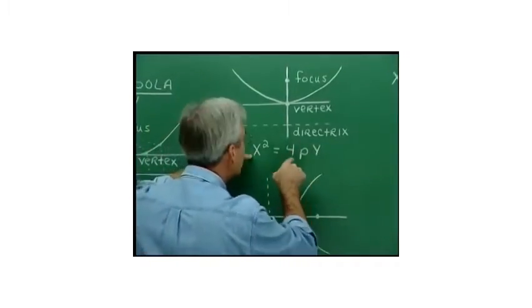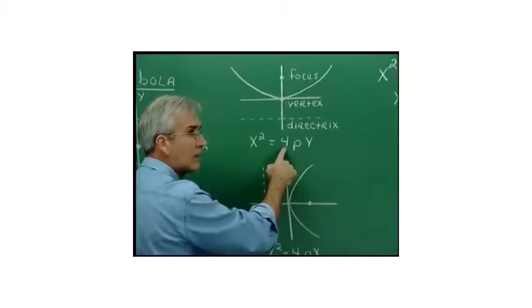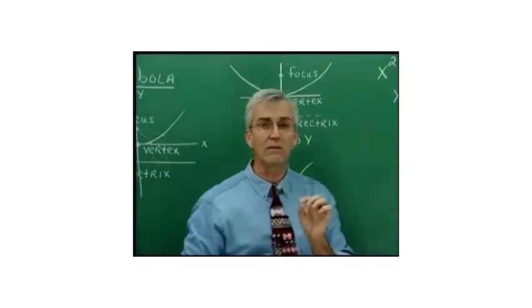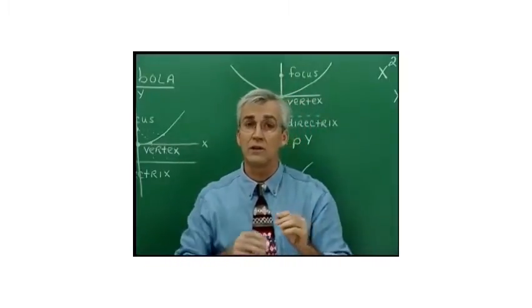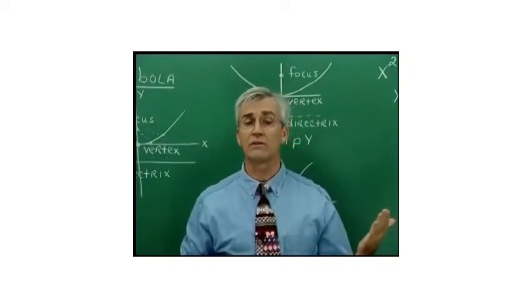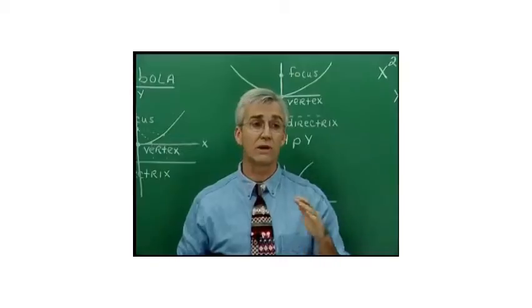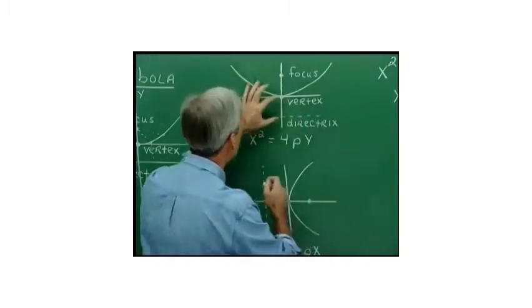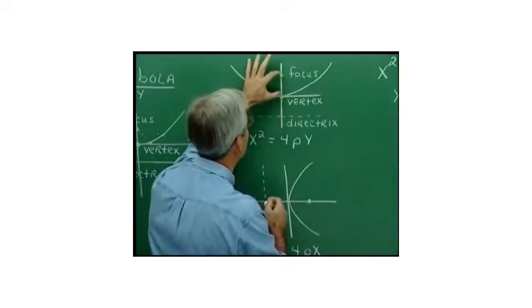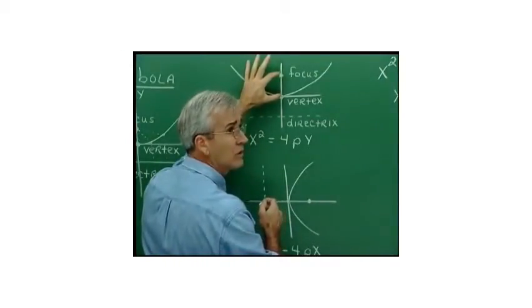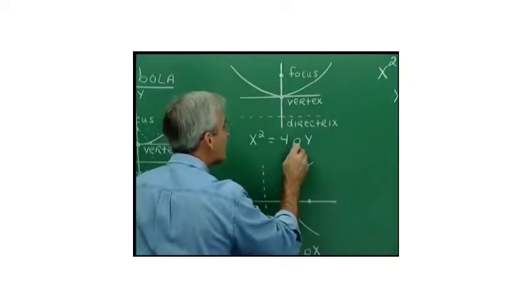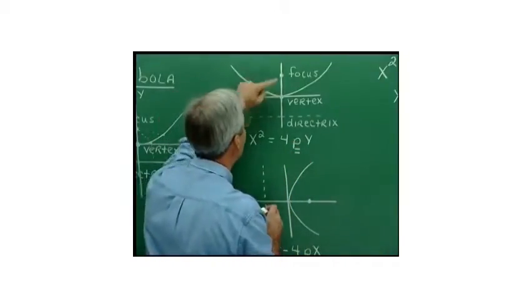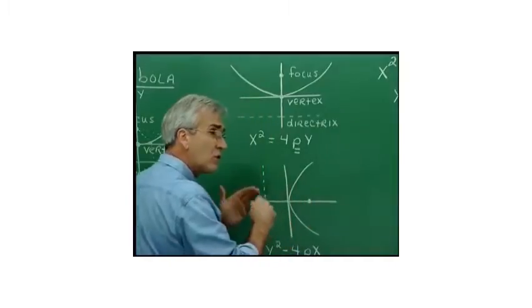And the reason for having the 4 in here is to allow us to identify the distance between the vertex and the focus. And if we have the distance between the vertex and the focus, we automatically have the distance between the vertex and the directrix, because the directrix is just the same distance on the other side of the vertex from the focus. All right, now, it's the p-value that is the distance from vertex to focus, and it's a directed distance.